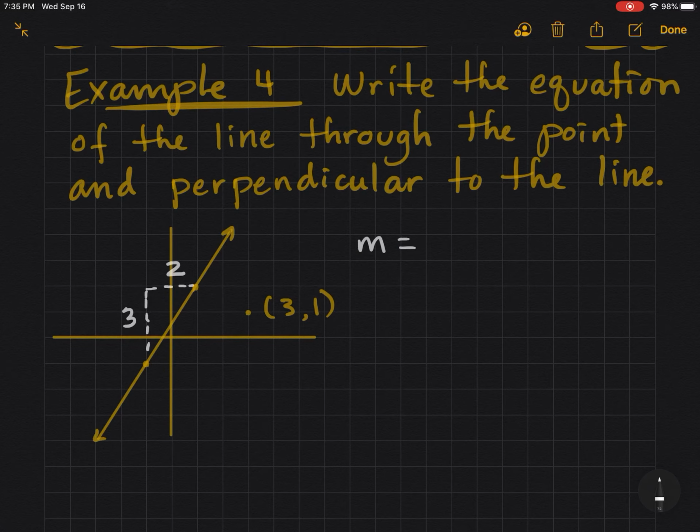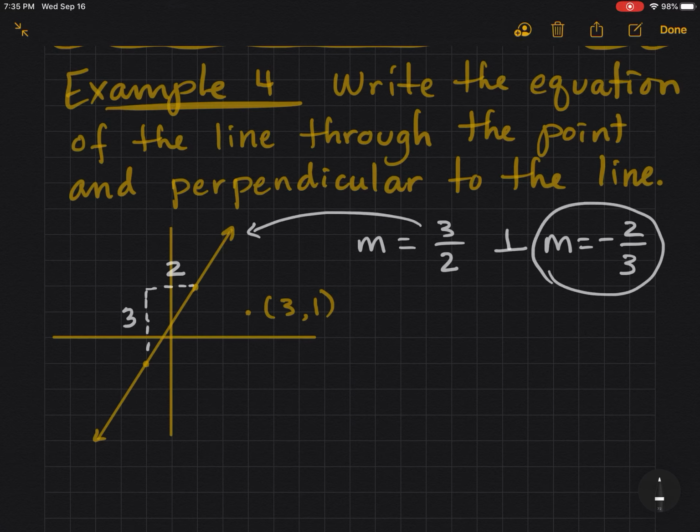So rise over run gives us a slope. This line has a slope of 3/2. So the perpendicular slope would have to be -2/3.